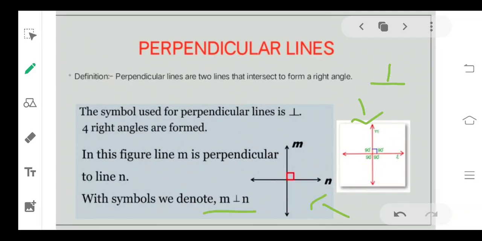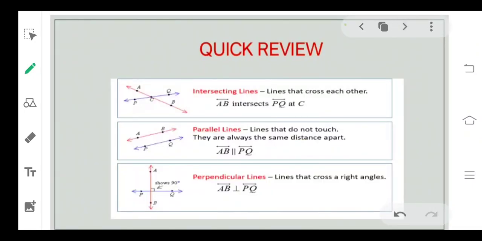Now we are going for the quick review of these 3 lines. Students, in our previous video we already learned about intersecting line, parallel line and perpendicular line. Lines that cross each other are called intersecting lines.